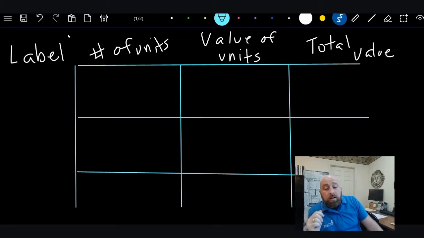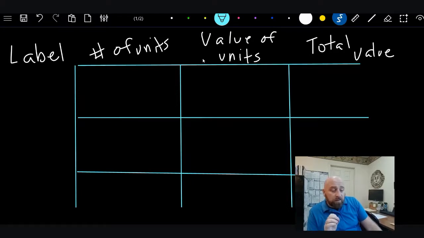The number of units: how many did you buy? 12, 7, 8. That's number of units. The value of the units: how much did they cost, how much each? So $6 each. That'd be a very expensive orange, but let's say that something else cost you $6 each. You'd put that number right there.